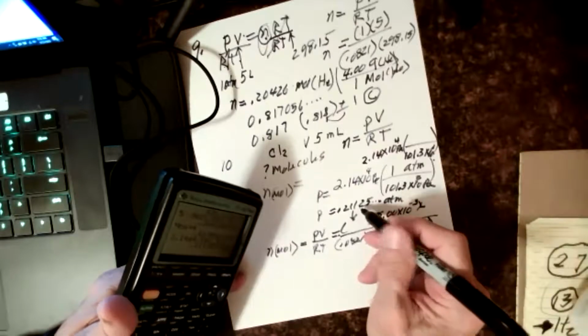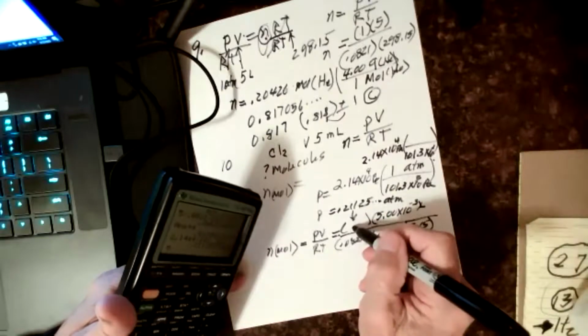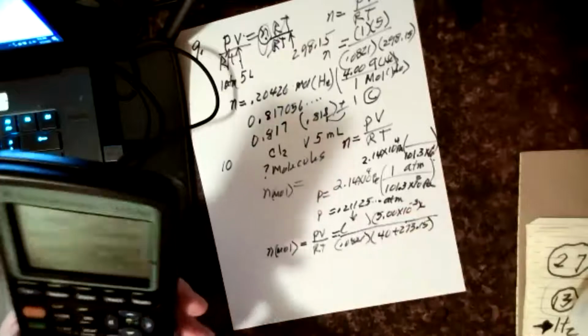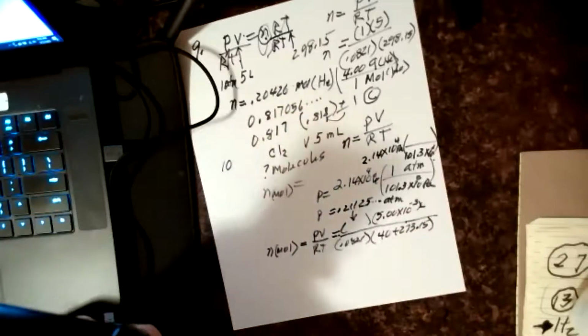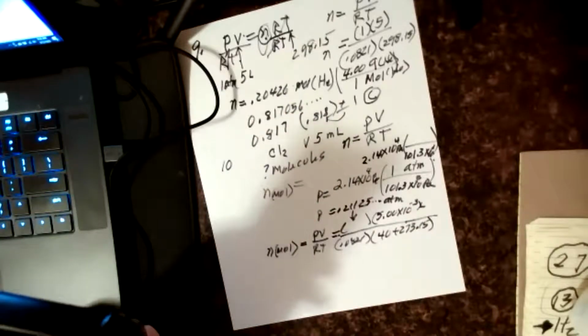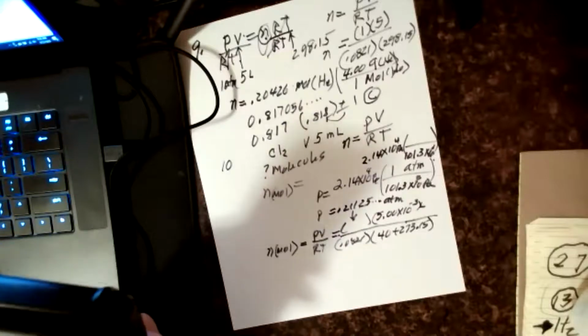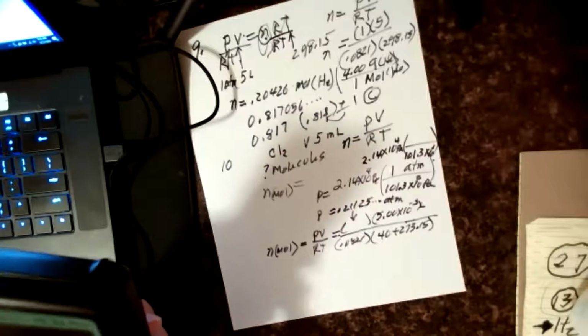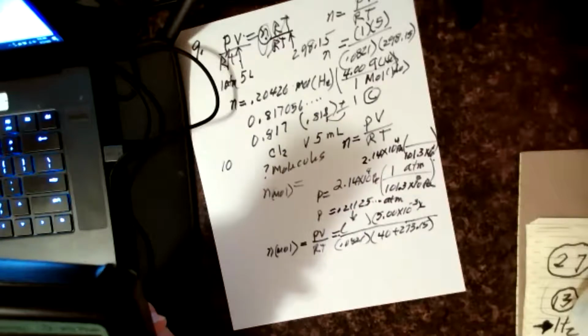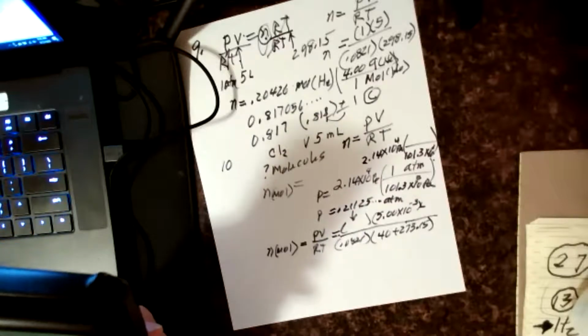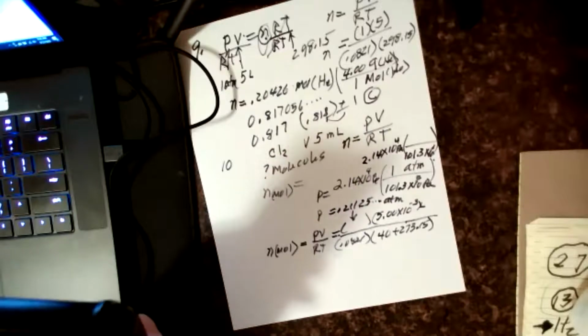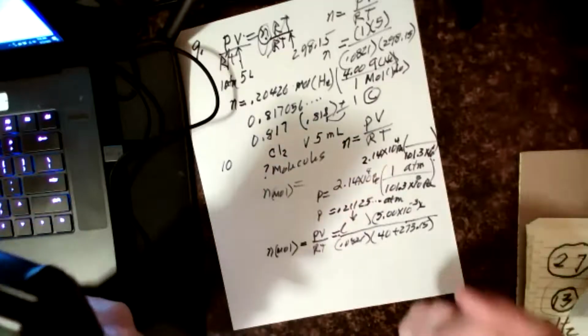The answer from the previous problem is going here, so I'm just going to say times 5 with an exponent of -3, divide by 0.0821, and divide by a left parenthesis 40 plus 273.15, close the parenthesis.